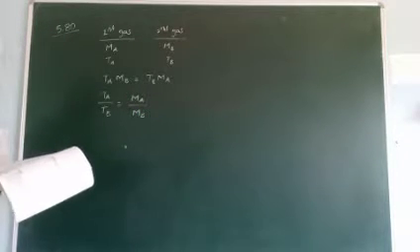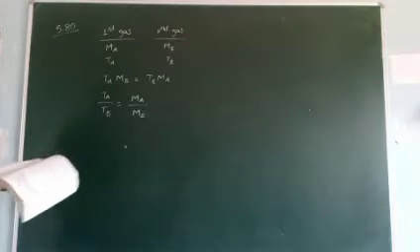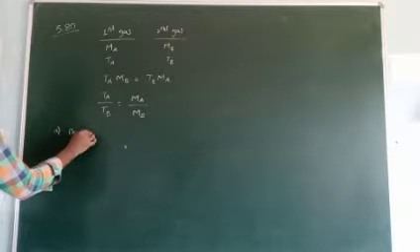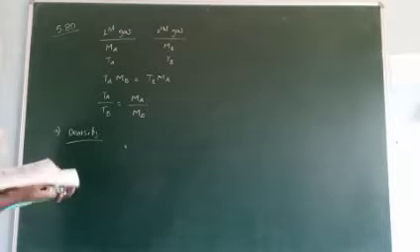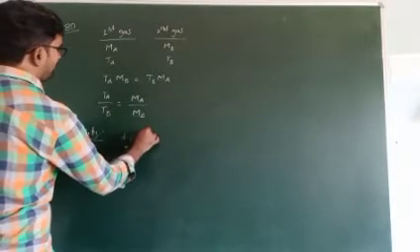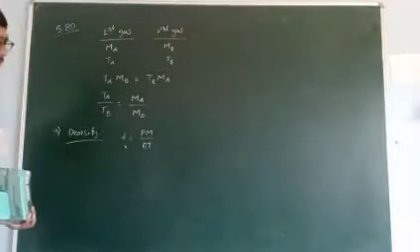Then, which of the following properties has the same magnitude for both the gases? First one, density. What is the relation between these two gases? For gases, density is equal to PM by RT. We already know this formula.